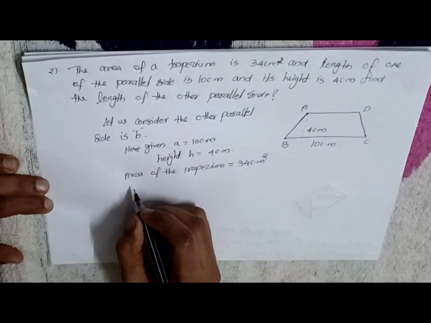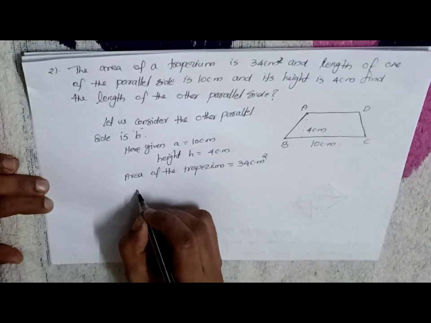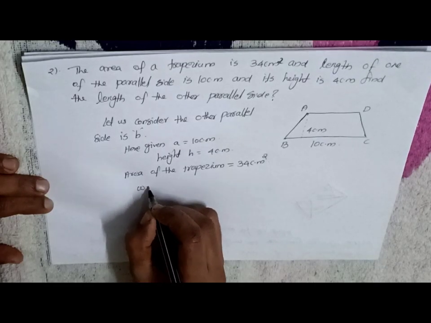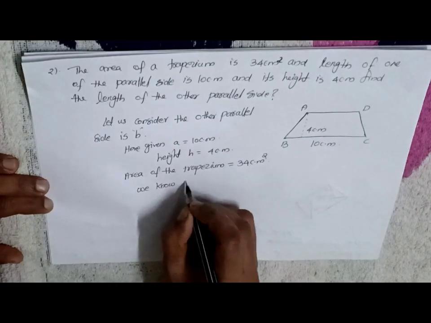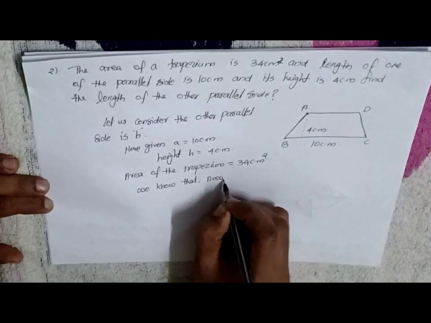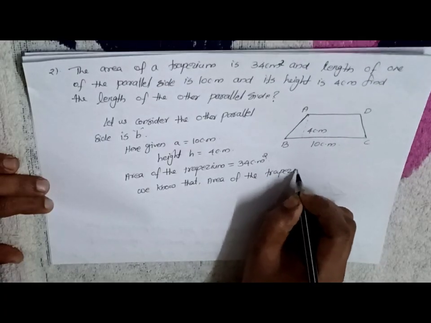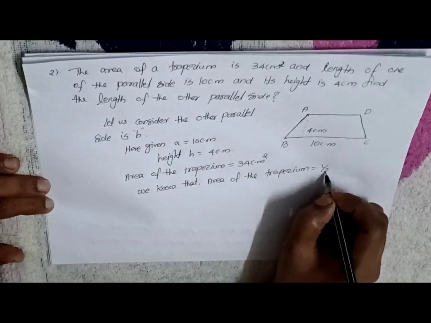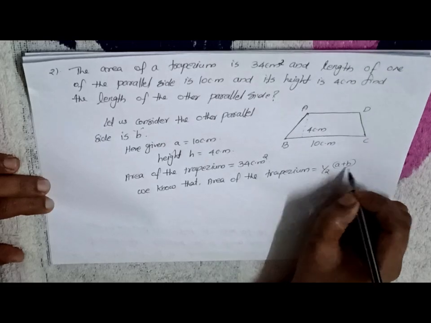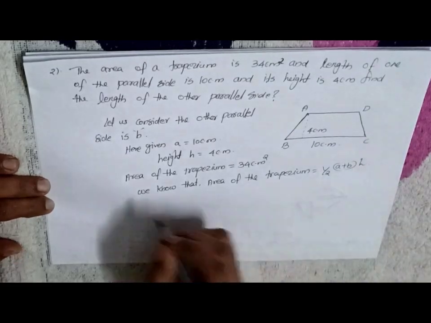By the definition, how can we find out the other parallel side? We know that area of the trapezium equal to half into A plus B into H. Here A and B are parallel sides.